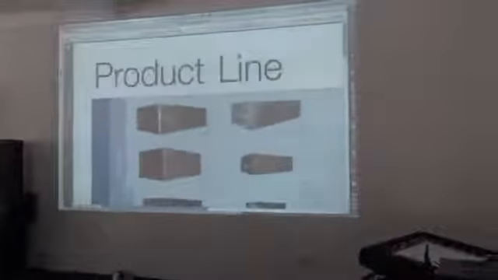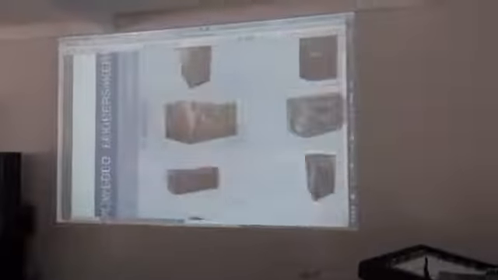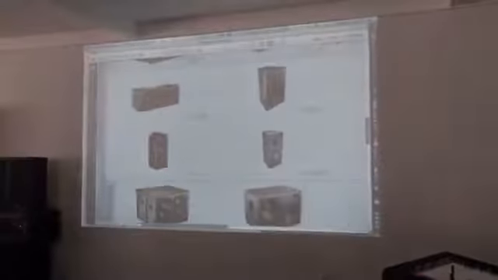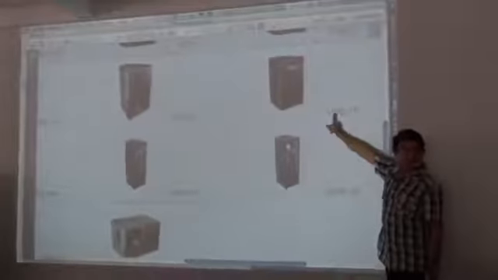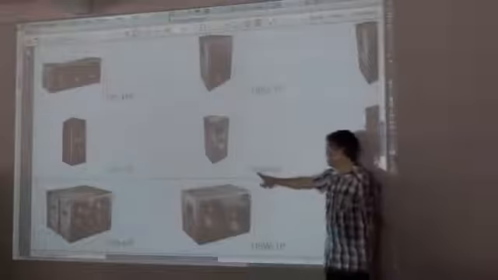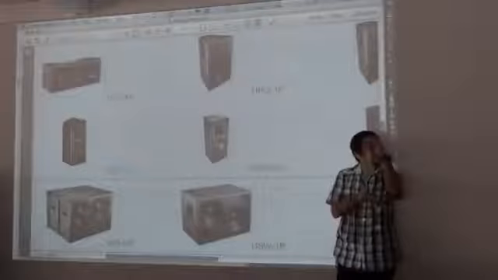I know that the speaker that I will show you here, this one is UPA, Ultra Public Address. This is Ultra Public Junior, Ultra Public Small.